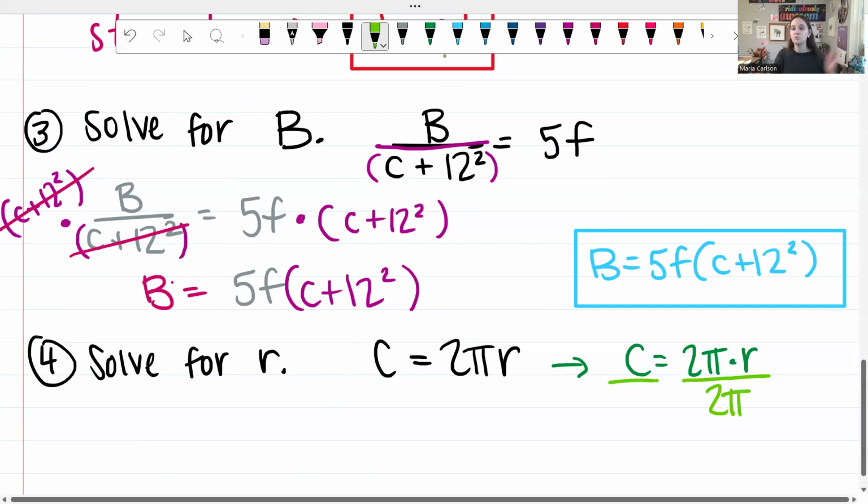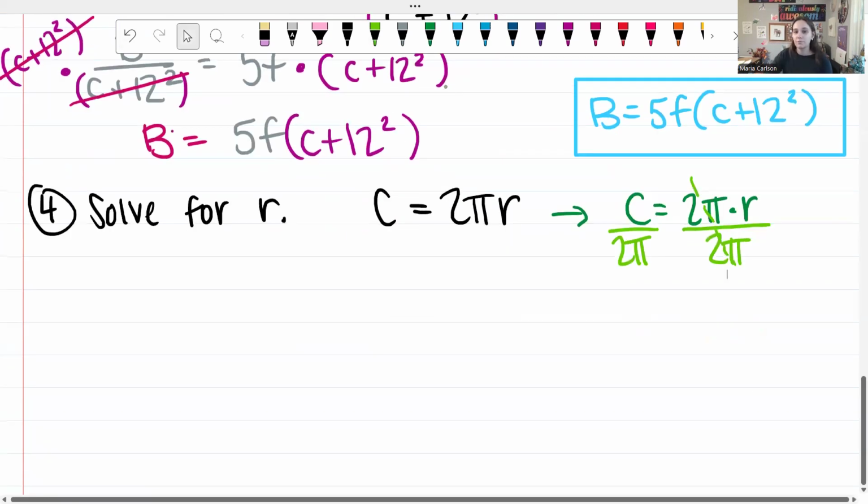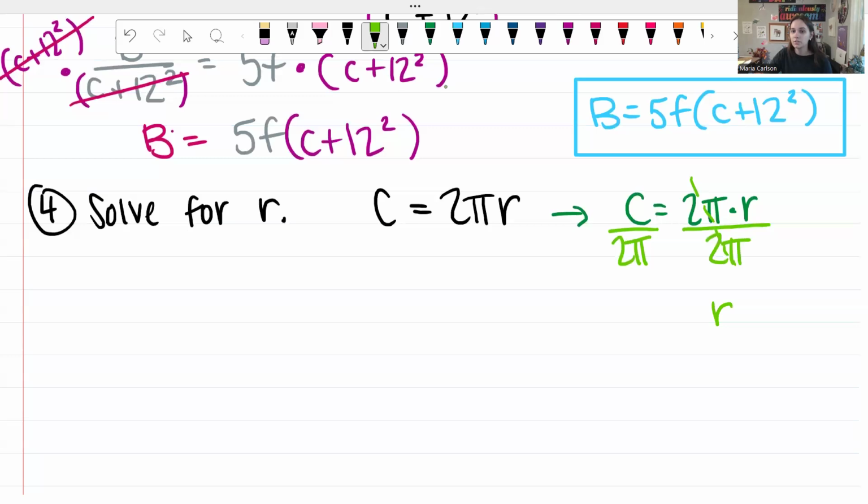So I'm going to move the 2 pi over by dividing both sides by that 2 pi. So that way that piece will cancel on the right, and I will be left with just R equal to the circumference, capital C, over 2 pi. So here, R, or radius, is equal to circumference over 2 pi.